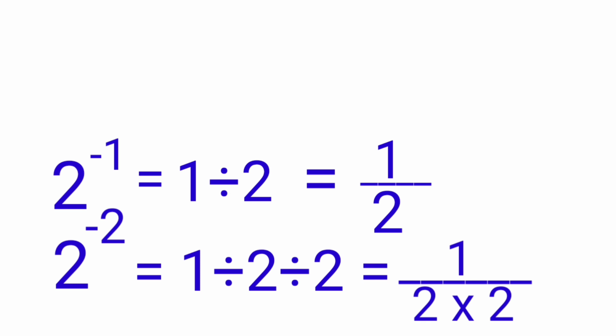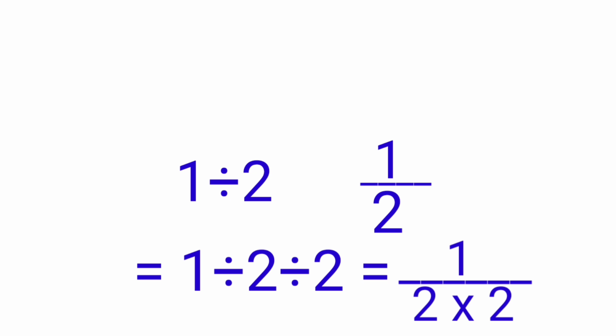So we still didn't change the definition. This is how we multiply the numbers together a negative number of times. We just do the reciprocal, and we'll see why that is so again as we move to the next video.